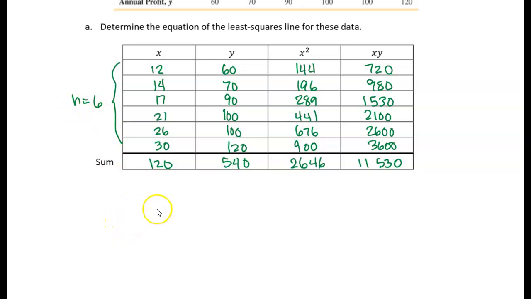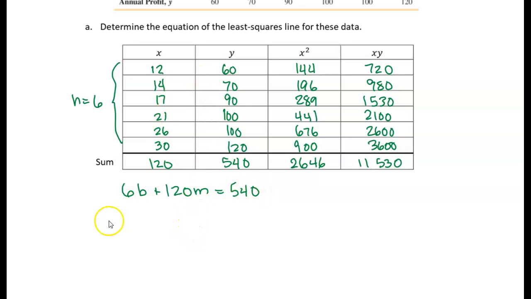So we're just going to use the formula. We're going to have n times b, so 6b, and then plus the sum of the x, 120, times m is equal to the sum of all the y values, which is 540. Okay, that's our first equation.